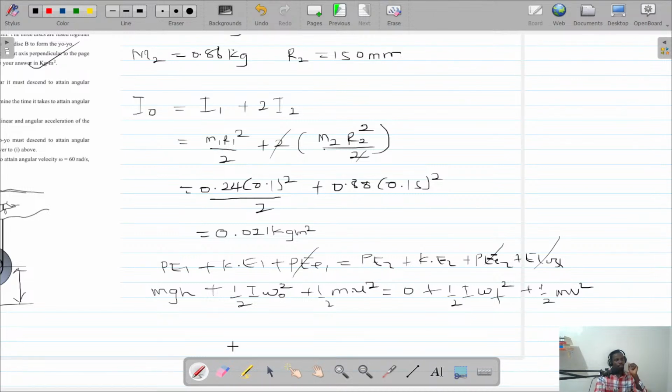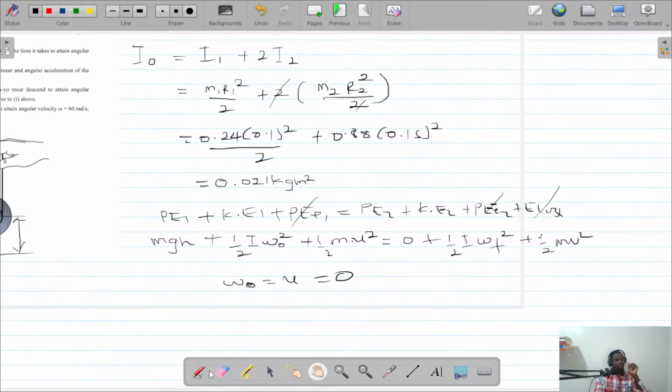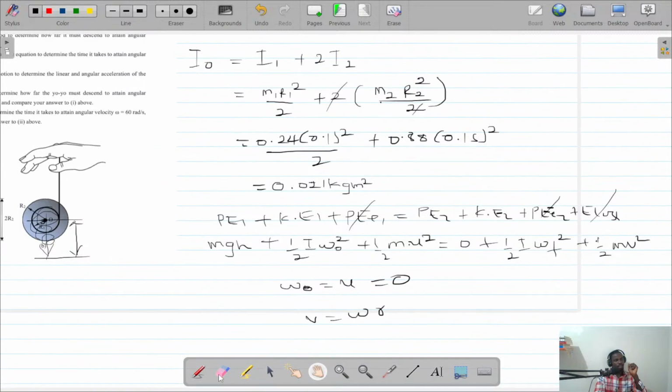But since it was released from rest, omega naught is 0, and u is 0. And we know that v is equal to omega r, and the radius of rotation, where the force is applied, is r1.